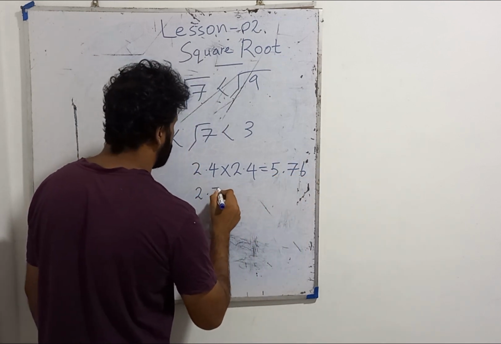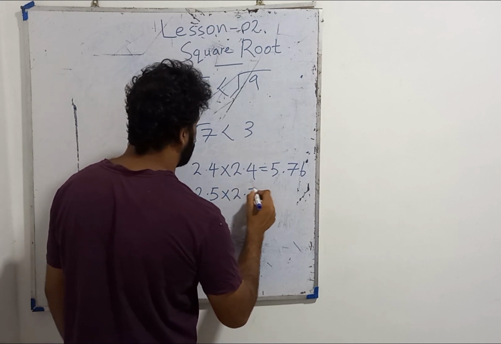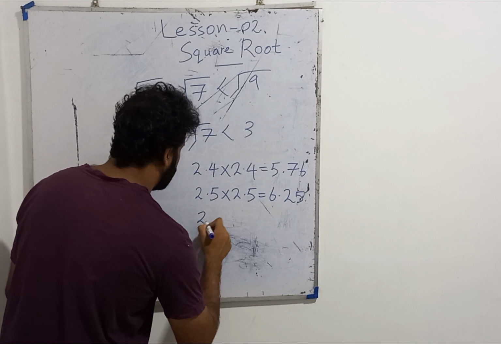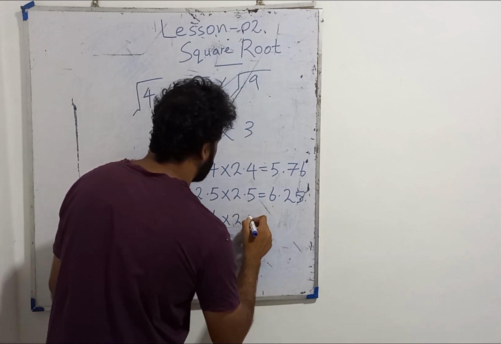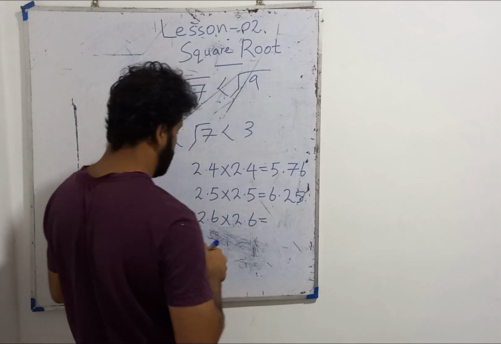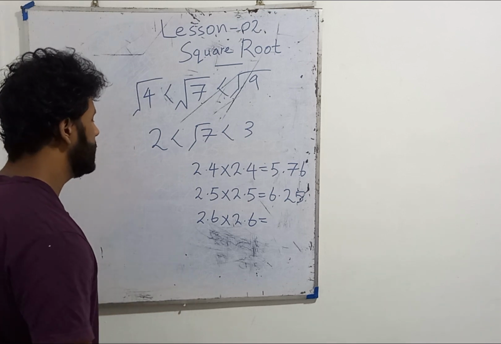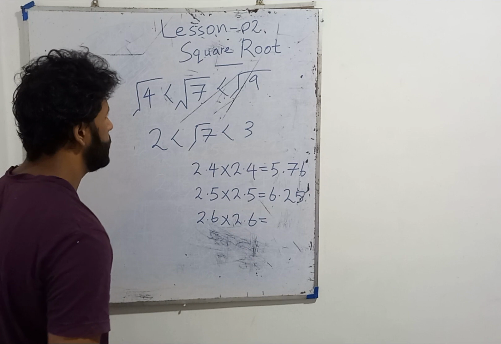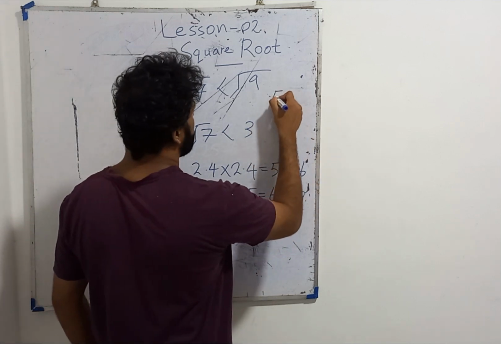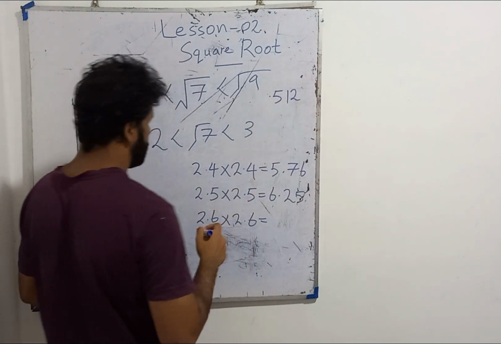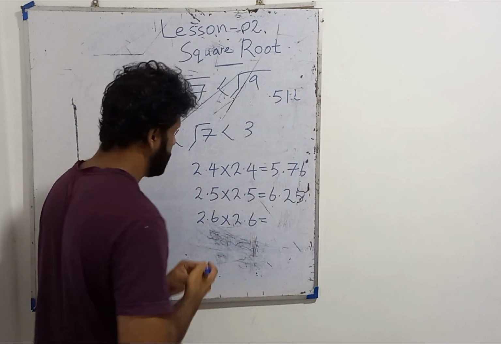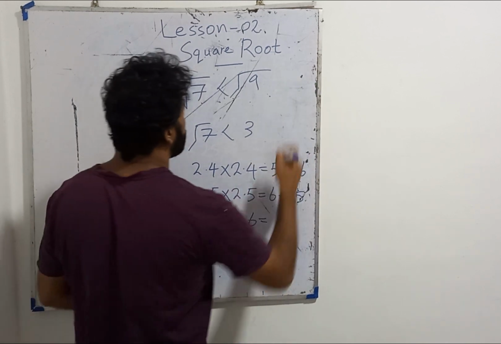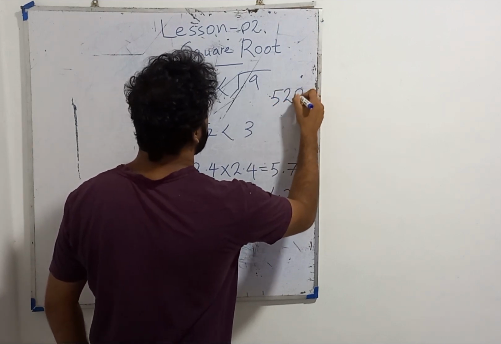Then 2.5 into 2.5, that's going to be 6.25, of course. 2.6 into 2.6, simply, let's take 26 times 20, that's going to be this much. I'm very sorry, it's going to be 520, right? 520 or this much.